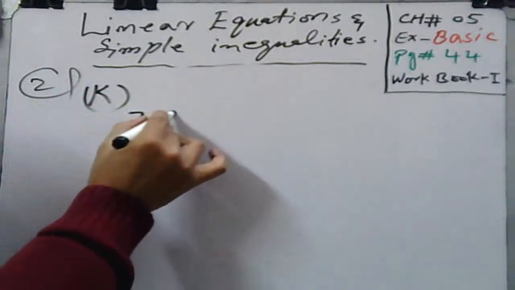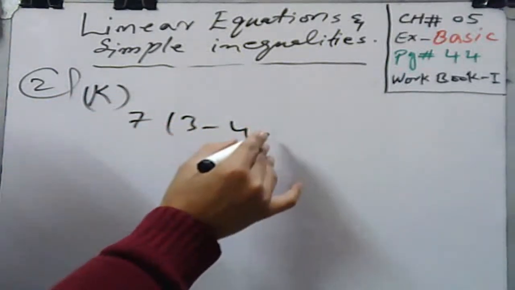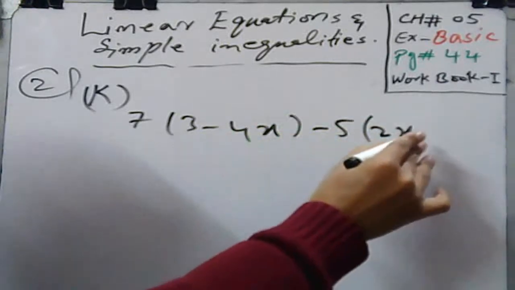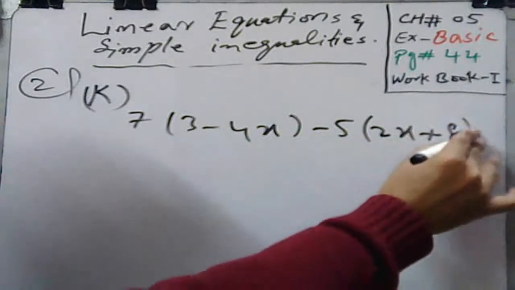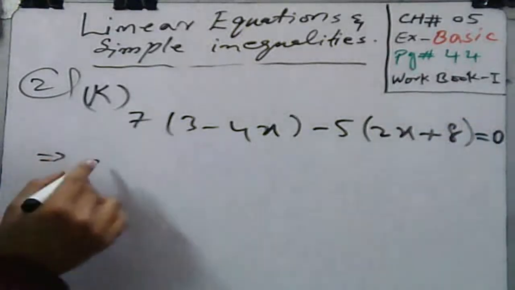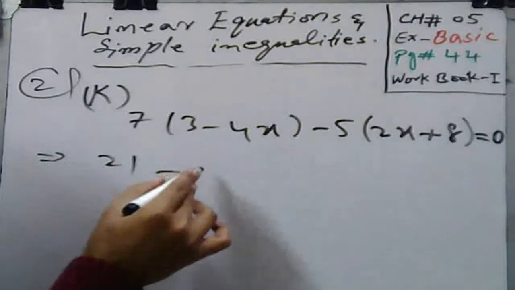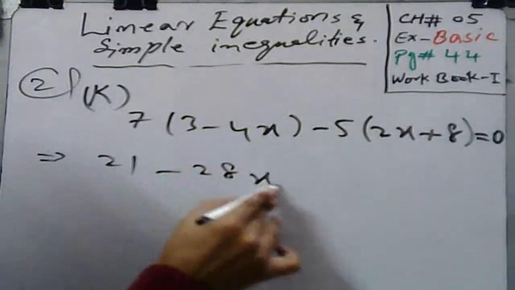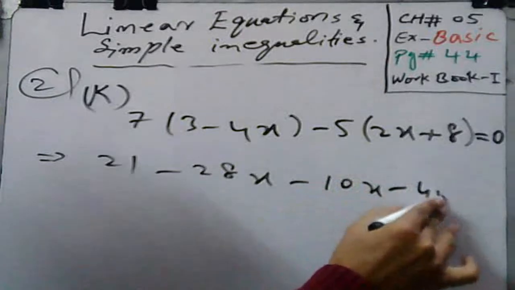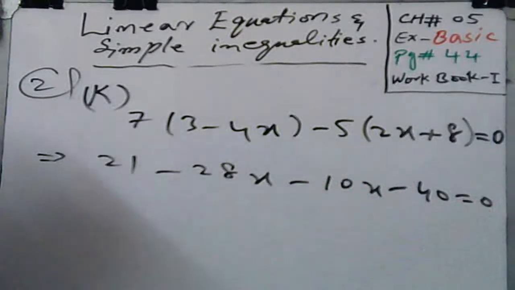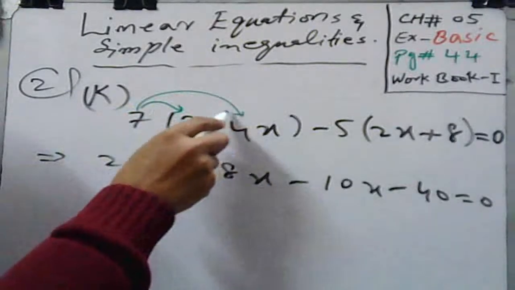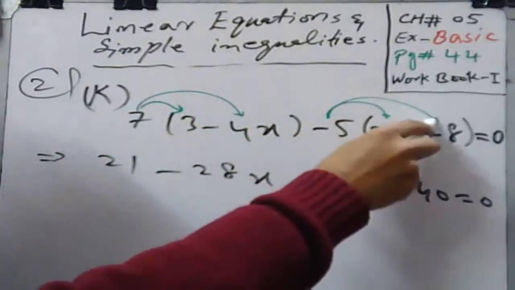7 into 3 into minus 4x, 2x plus 8 is equal to 0. So multiplying, you see here we have to remove the bracket, so we multiply with this one like this, like this.